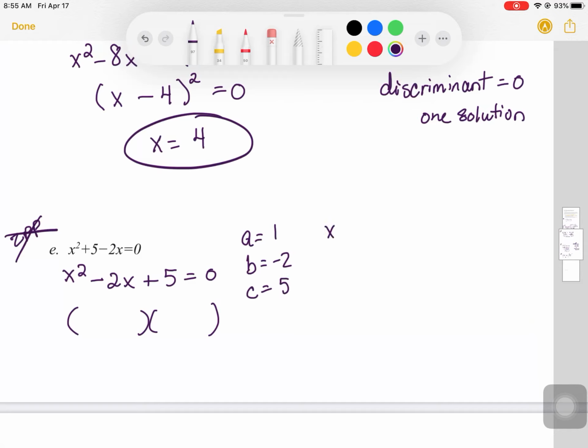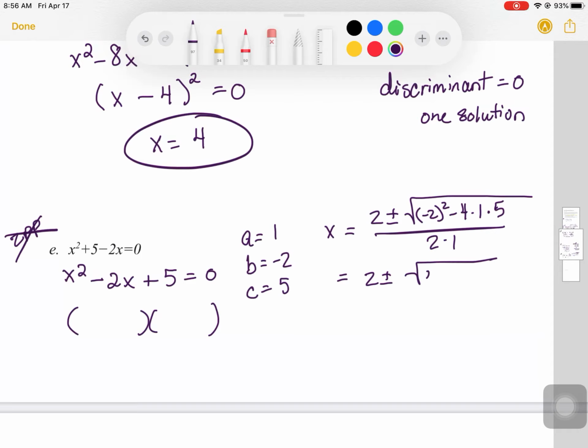I'm just going to start plugging it into the formula. So the opposite of B plus or minus the square root of B squared minus 4 times A times C all over 2A. So it's 2 plus or minus the square root of 4 minus 20 all over 2.